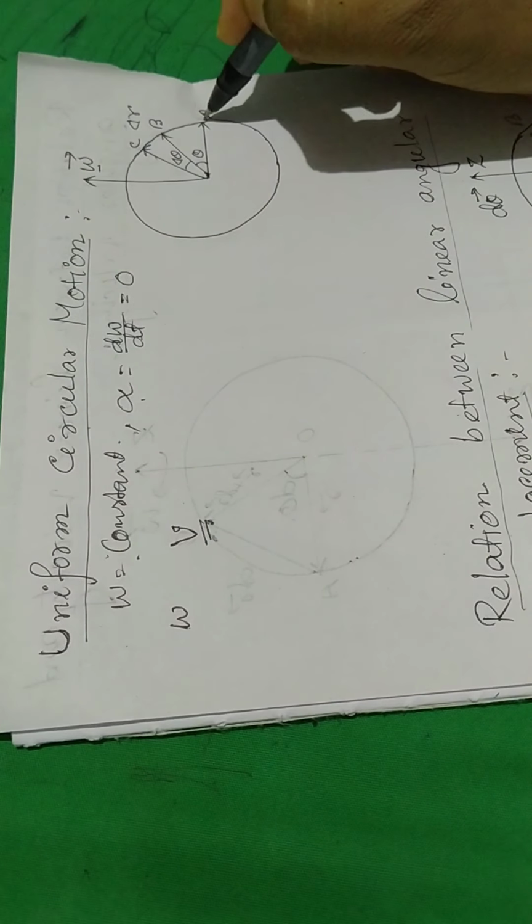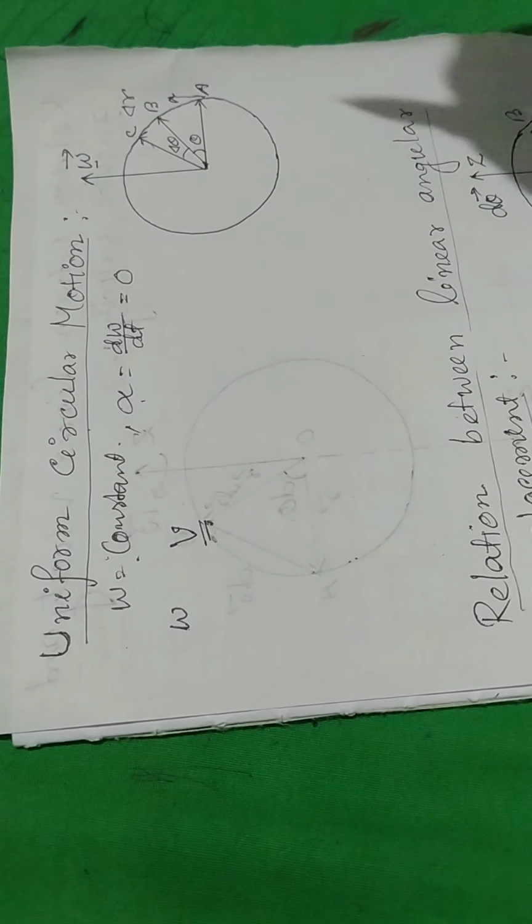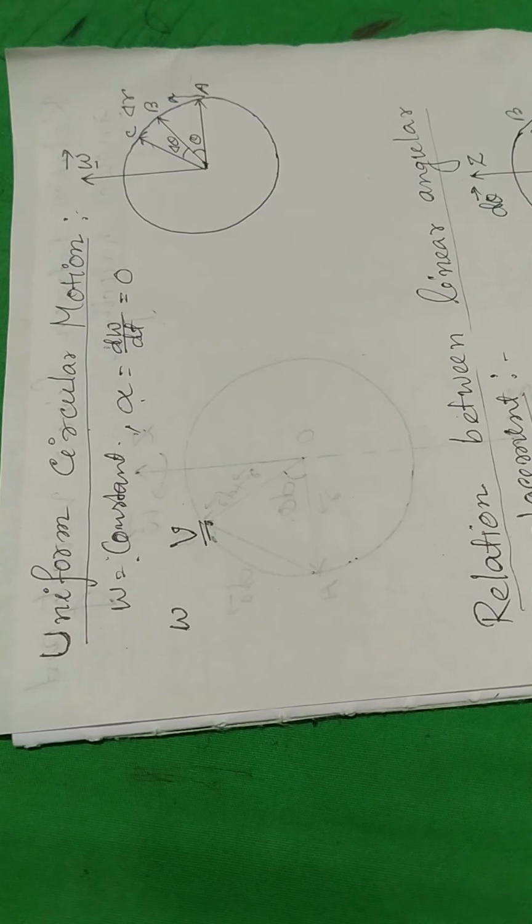So if you draw the velocity at any point, that gives the direction of the velocity of the object. Therefore, its direction keeps on changing continuously.